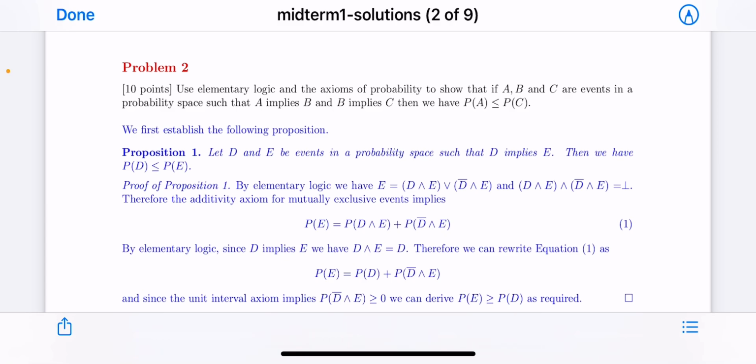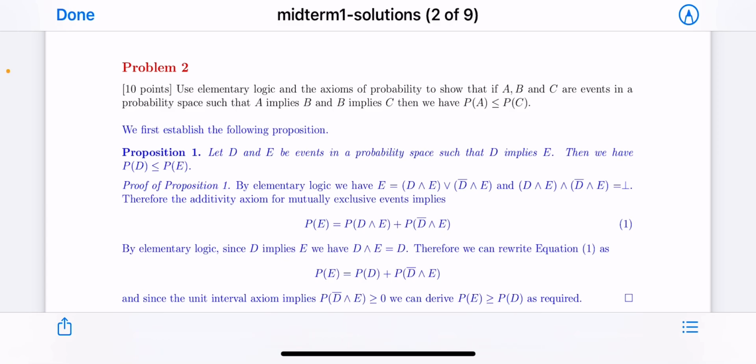So I can rewrite equation 1 by substituting the probability of D for the probability of D and E. And then I get this equation: probability of E is probability of D plus probability of not D and E.